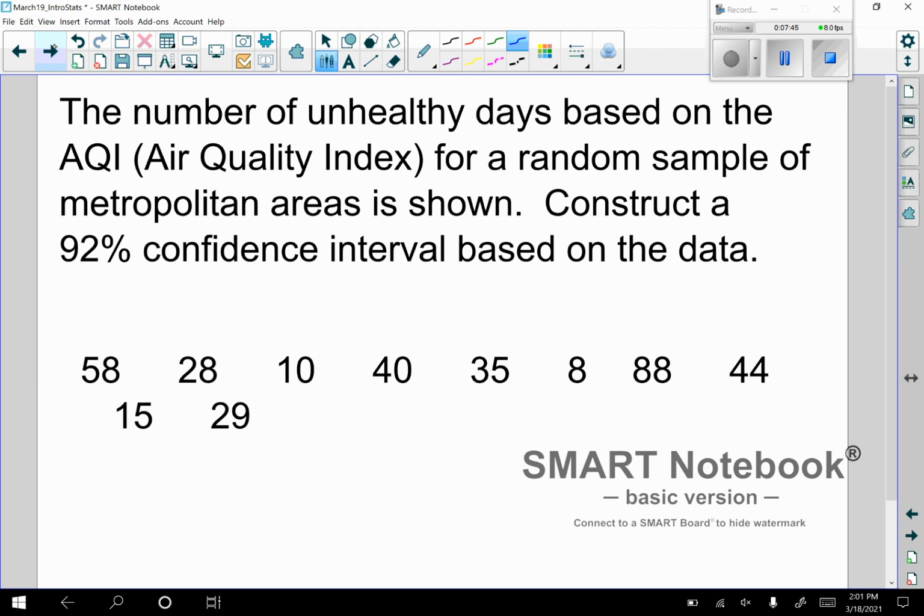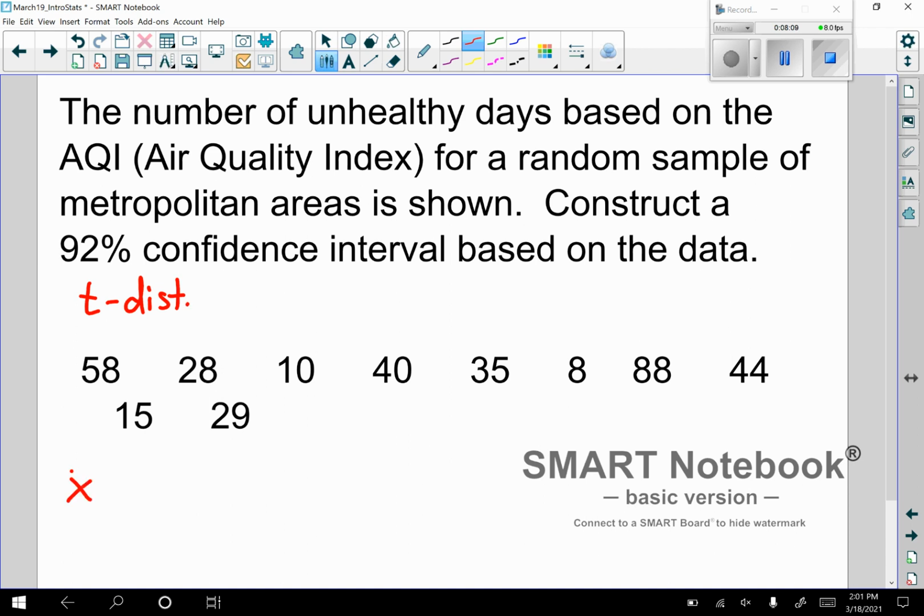Now for this, we're only given a sample, which means our population standard deviation is not mentioned at all in the problem, so we have to use the t distribution here. So you want to create a list and spreadsheet, type in those values. So if you didn't do that, or you use the wrong distribution, pause the video and retry this problem again.